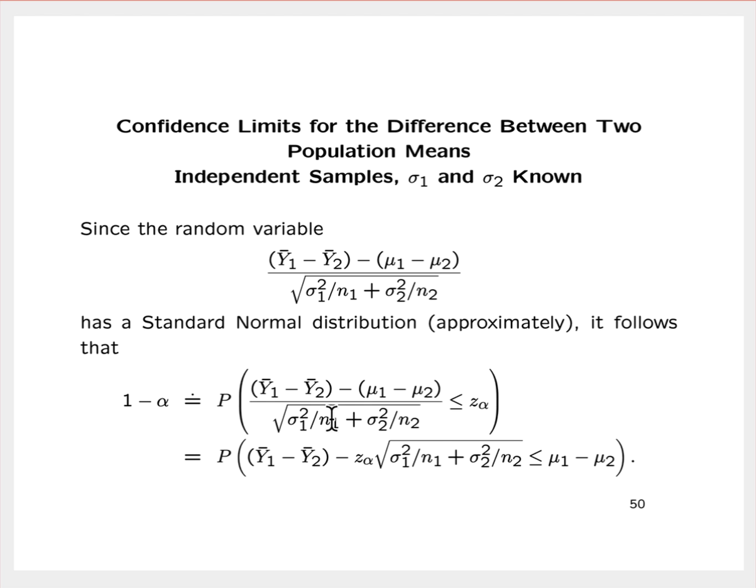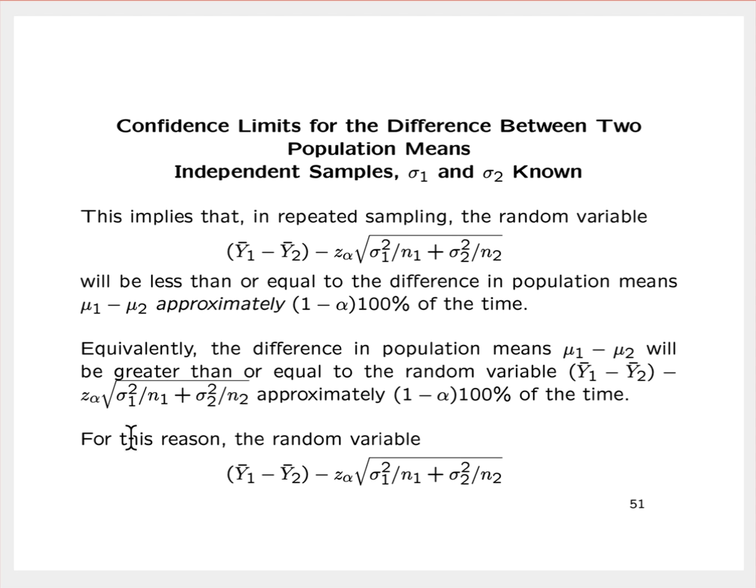As we've done in the past in other sections, we can rewrite the event inside the parentheses to get an event where mu1 minus mu2 is on one side of the inequality all by itself. This shows that the probability of getting two samples for which this quantity here is less than or equal to the difference in population means is 1 minus alpha.